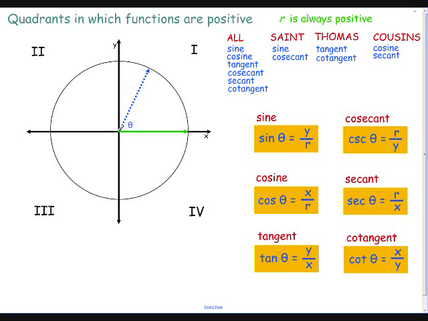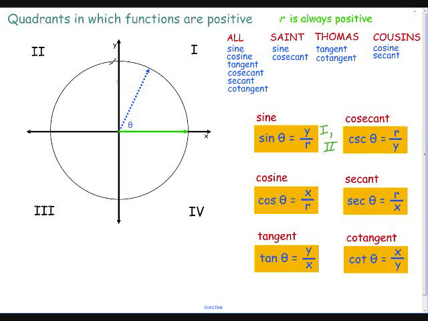But x becomes negative, but y is still positive. So these are positive in the first quadrant and the second quadrant. When I get down here into the third and fourth quadrant, y is negative, and both of these are negative. They're reciprocal partners.